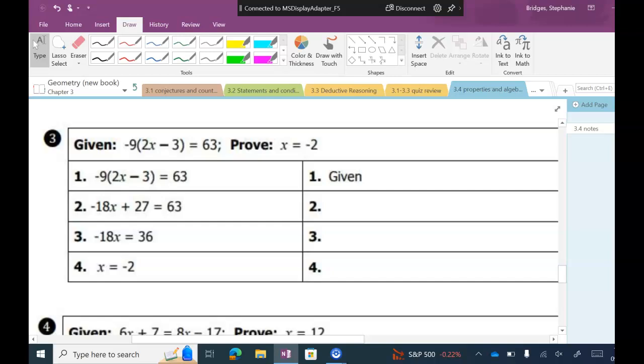Fill in your reasons for proof number 3. What am I doing to the first statement to get to the second statement? Did I add on both sides? Did I subtract on both sides? Did I multiply on both sides? Did I divide on both sides? Did I distribute? What did I do to get from one to the next?